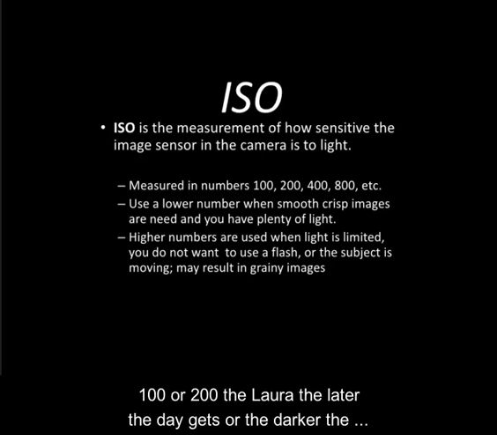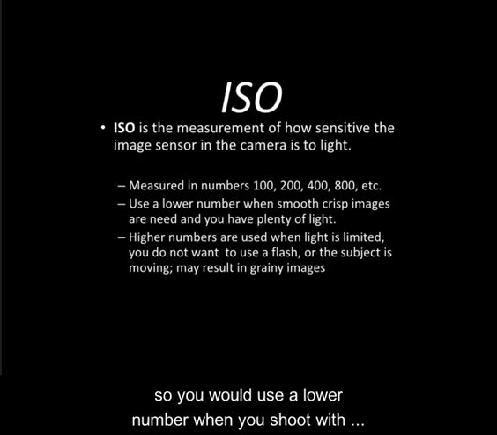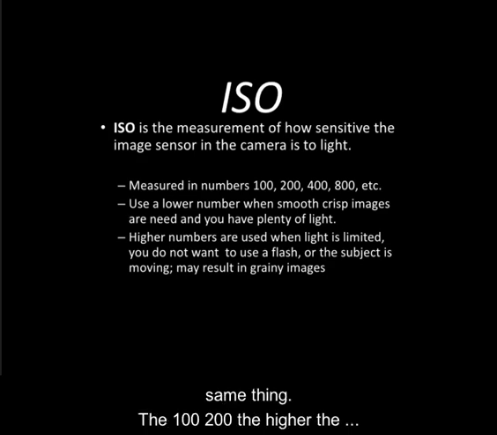So you would use a lower number when you shoot with lots of light, like ASA or ISO. They're both the same thing: 50, 100, 200. The higher ISO you would use with darker light would be 400, 800, etc.